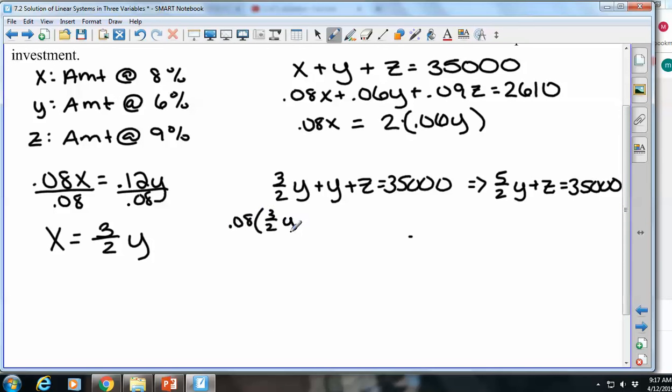If I plug this into the second one, I get 0.08 times 3/2y plus 0.06y plus 0.09z equals 2610. So 0.08 times 3/2 plus the 0.06, if I'm combining like terms, I get 0.18.